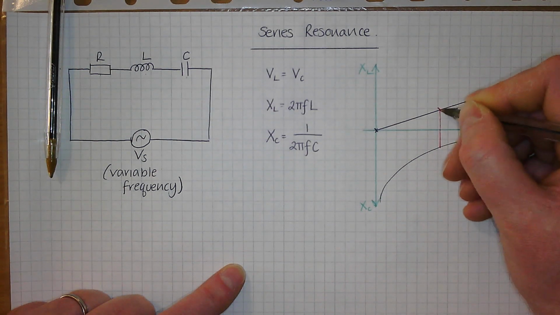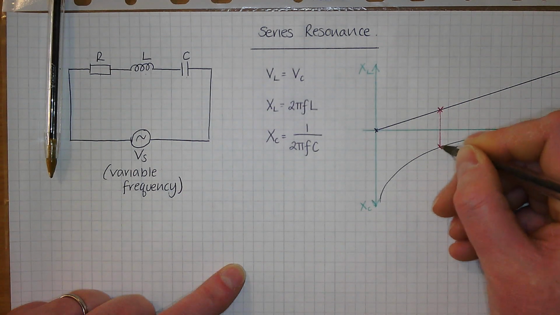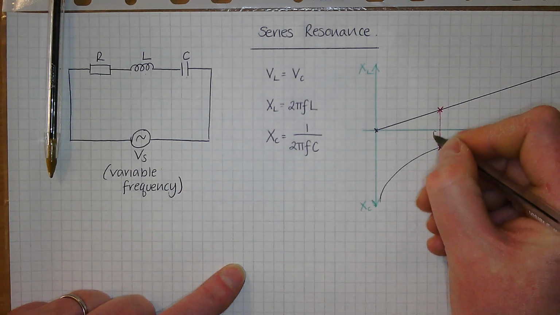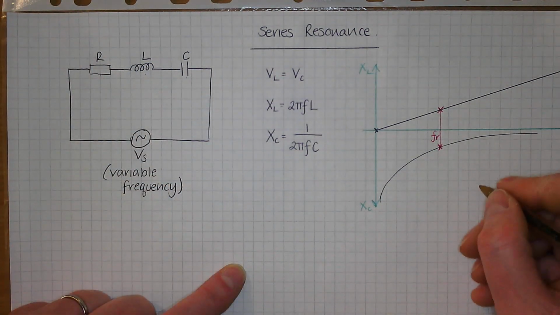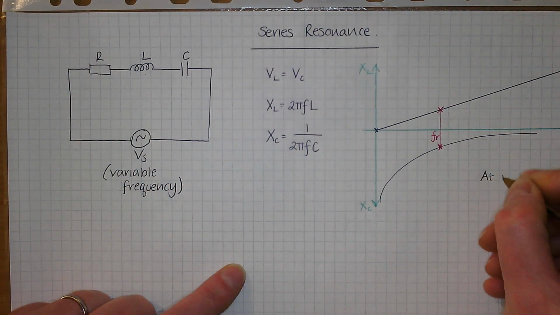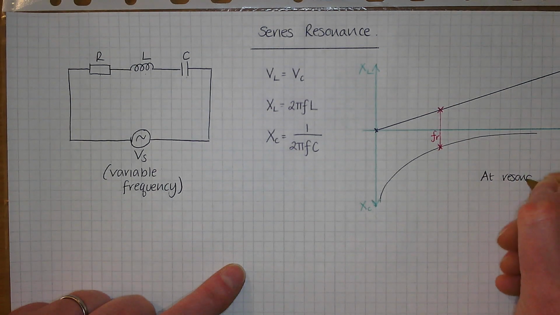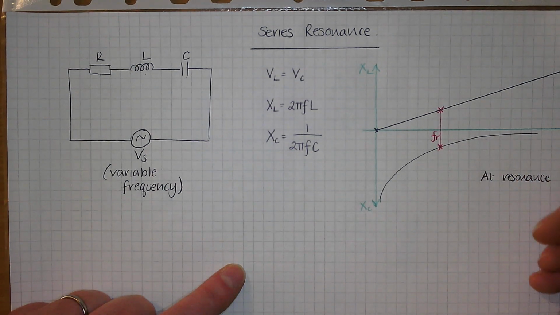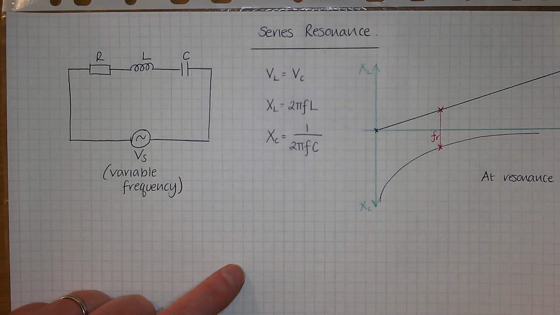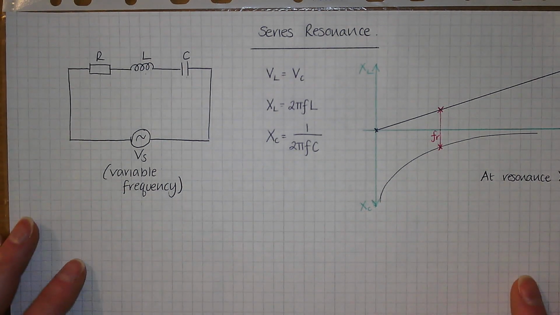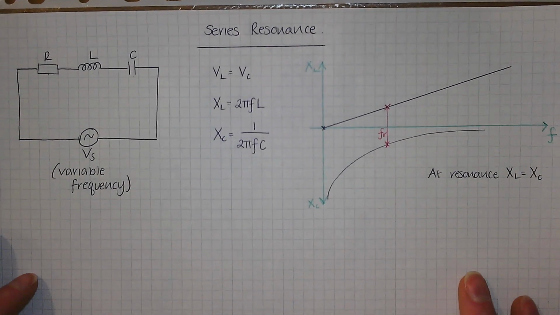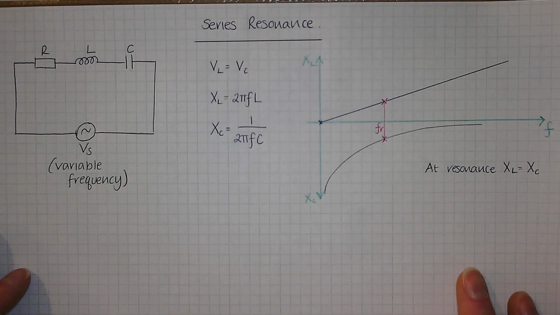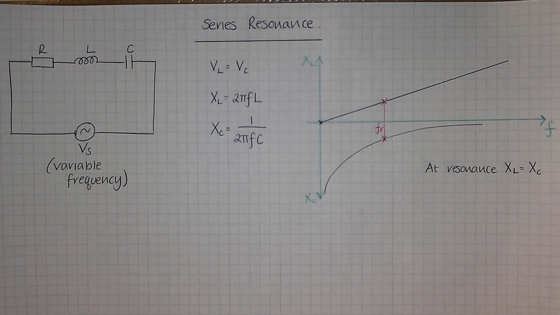So at that point, I would say my XL and my XC are equal, and that must be my resonant frequency, my FR. So that would be at resonance there.